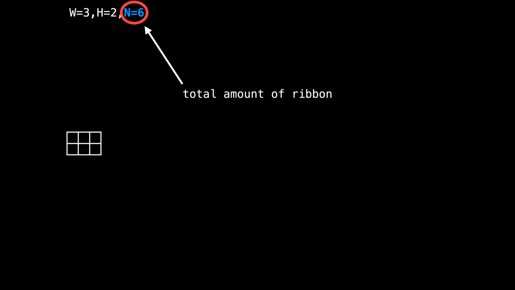In this next example, suppose that we have a frame with a height of 2 and a width of 3, and that our artist has a total of 6 units of ribbon. Let's count how many mountain scenes the artist can create. Starting from an empty canvas, the artist can leave the first column empty, place 1 unit of ribbon in the first column, or place 2 units of ribbon in the first column.